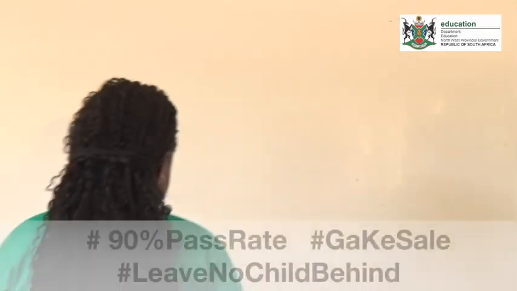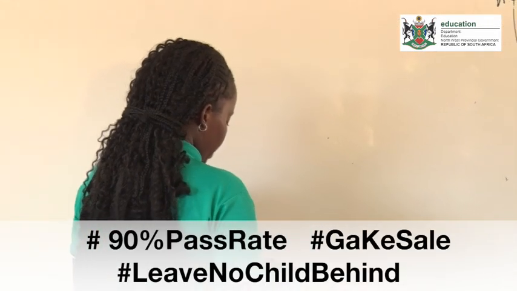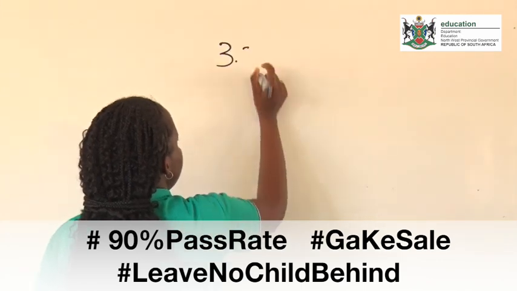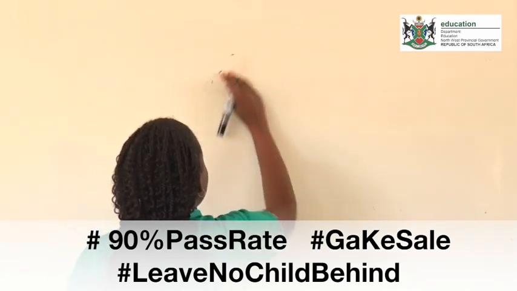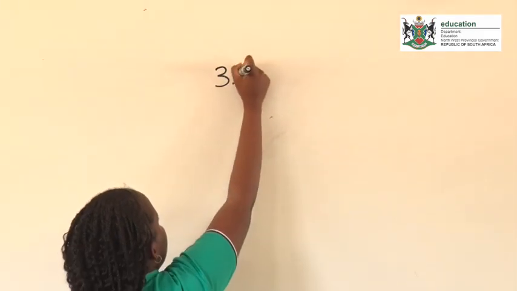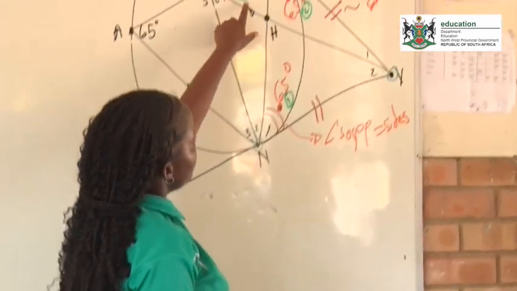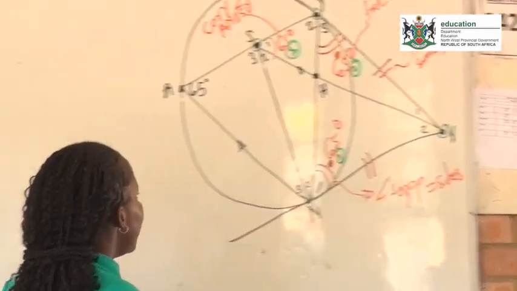Good. We are now going to answer the question. Right. The ball is in your court. Write it. So the question is asking for three other angles that are equal to 65 degrees. From our diagram, we have identified three angles. Let's start with angle S1.